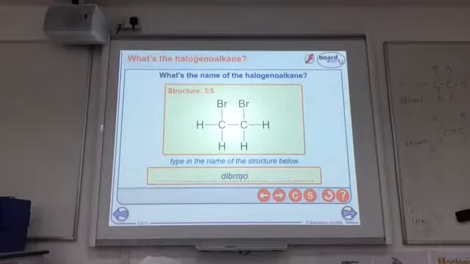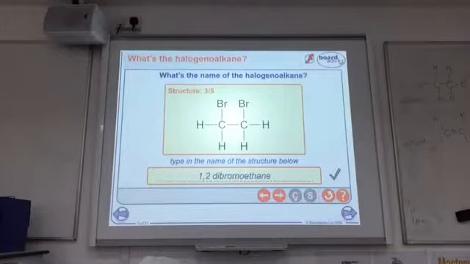Dibromoethane. 1, 2. Dibromoethane. There you go. Check. Got to have the numbers on it because it could be 1,1-dibromoethane. You can have two bromines on the same carbon atom.